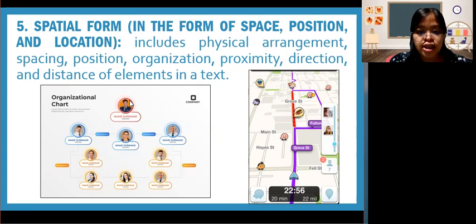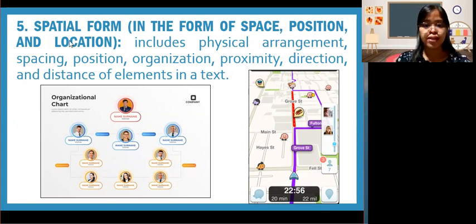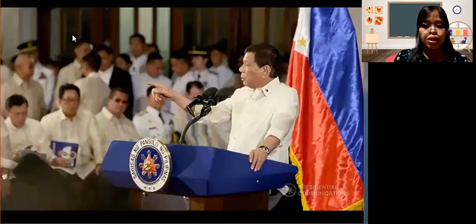Like here with the organizational chart, this could be the manager or the boss, and we have the subordinates below. Then we have position, organization, proximity, direction, and distance of elements in a text. So that is spatial form.